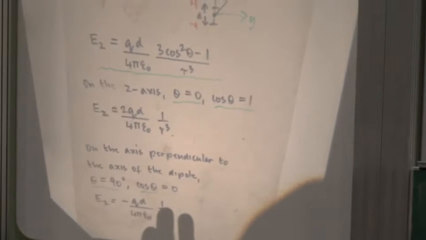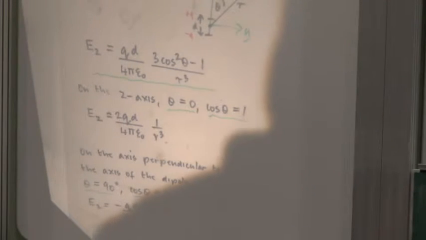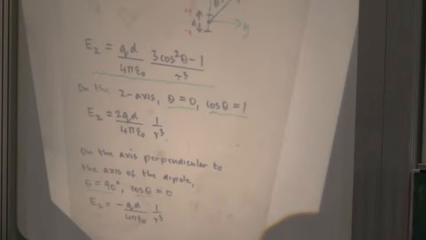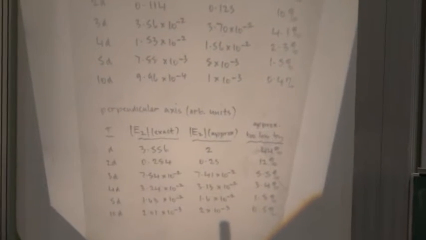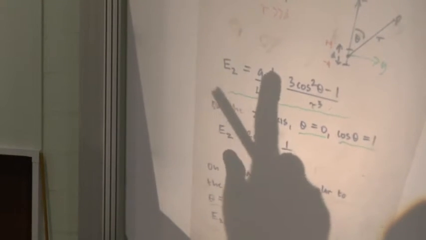So just to give you an idea of what we mean by this approximation, remember this dipole approximation only holds when r is much greater than d. I was asked, how good is the approximation? Well, in arbitrary units, I let qd over 4 pi epsilon naught be equal to 1, and then plotted the functional dependence.